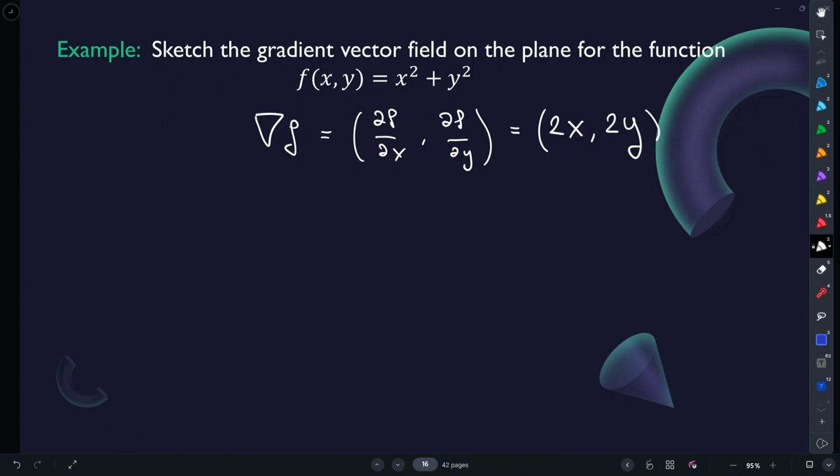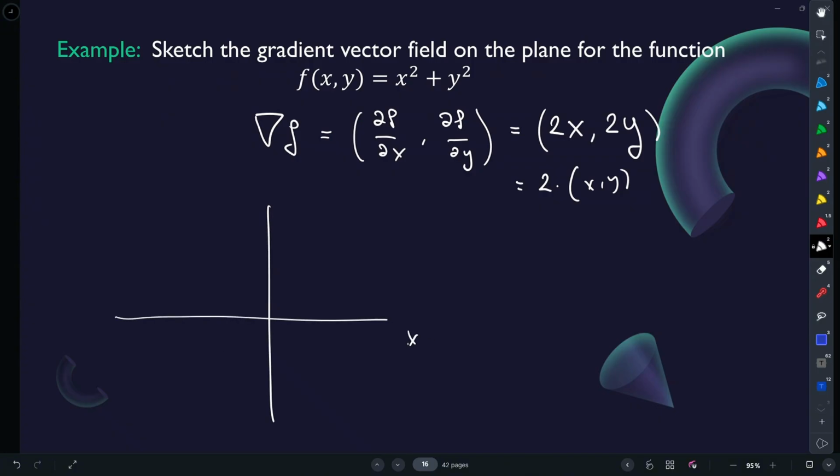So this is a scaling of the vector x, y. What this is telling me is that it has radial symmetry, and at every point the vector is pointing outwards with twice the length of the distance to the point itself.